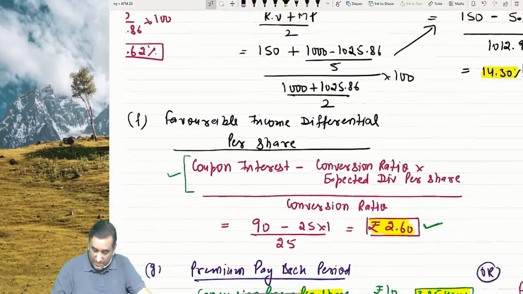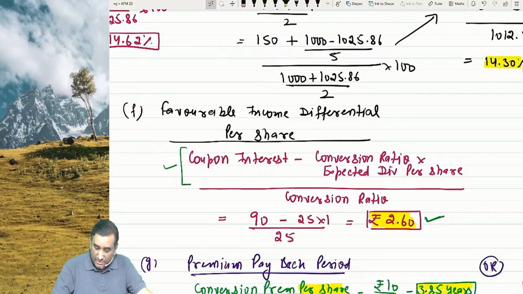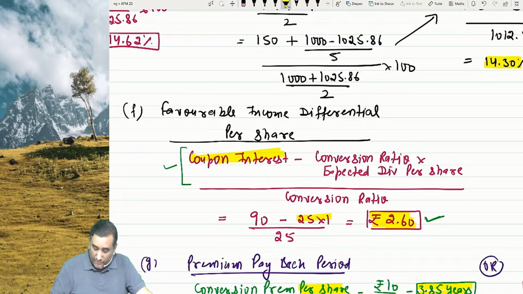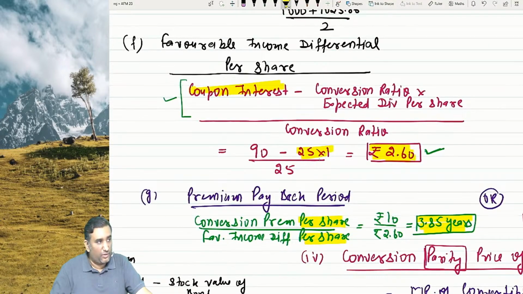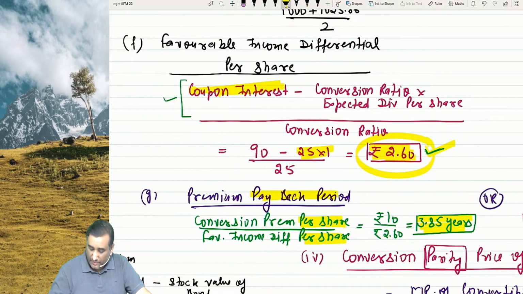Favorable income differential per share is the coupon interest you get minus the dividend you would have got, divided by the number of shares. Coupon is giving you 90, minus 25 into 1, divided by 25, gives 2.6. That's one part. Premium payback period is how much extra you paid per share and how much extra you get per share. That's one way of calculating.